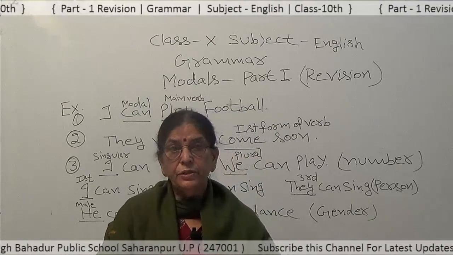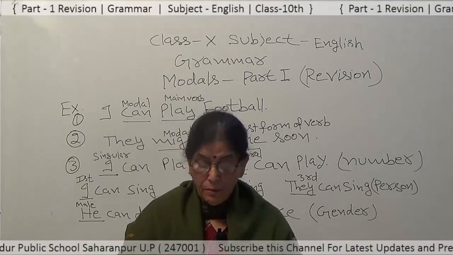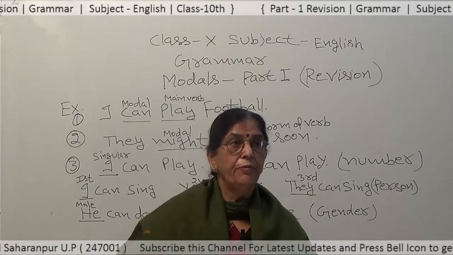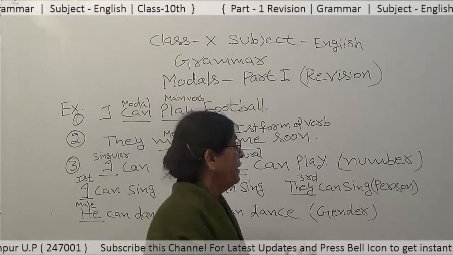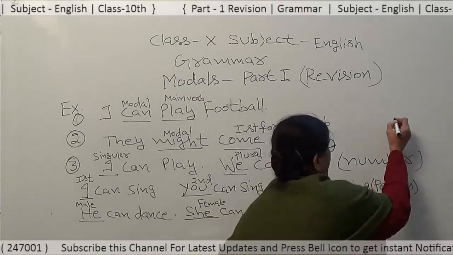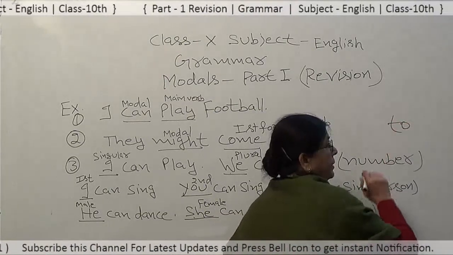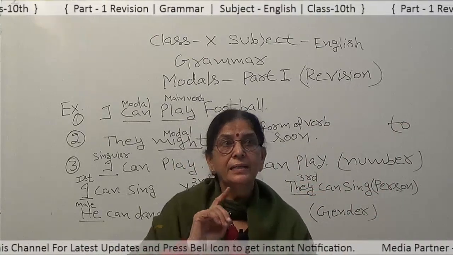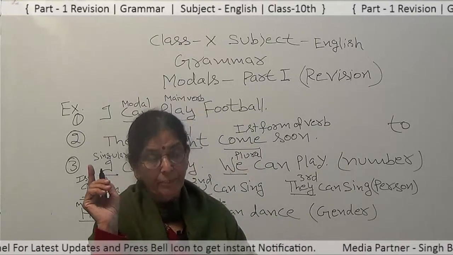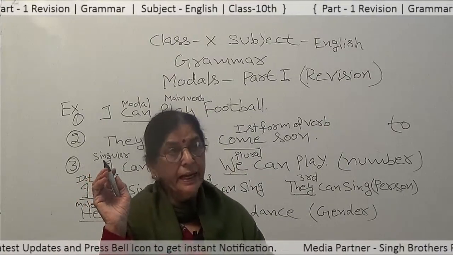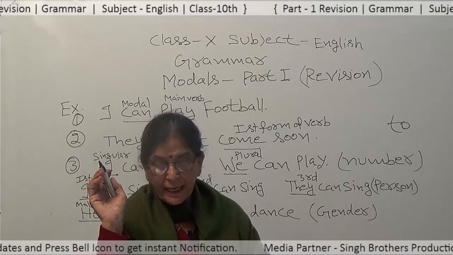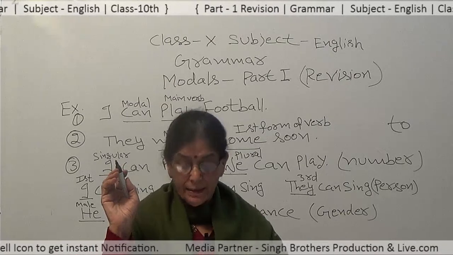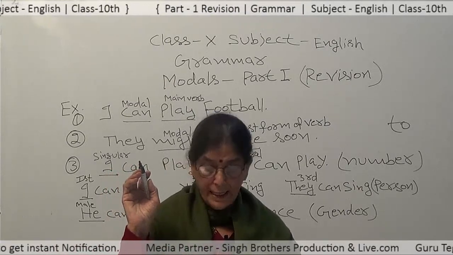Point 4, which you have to keep in mind, modals do not have the infinitive form. If we have to make a verb infinitive, what do we do? We add to before it. But modals never take to before them. We cannot place to with them in order to use them in a sentence.